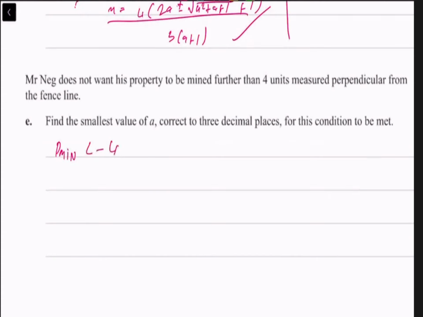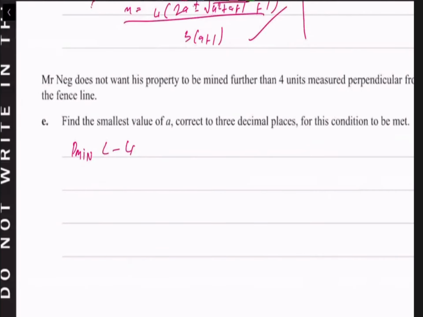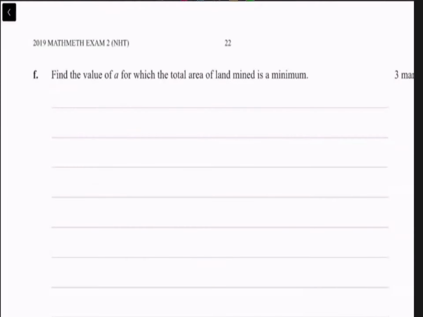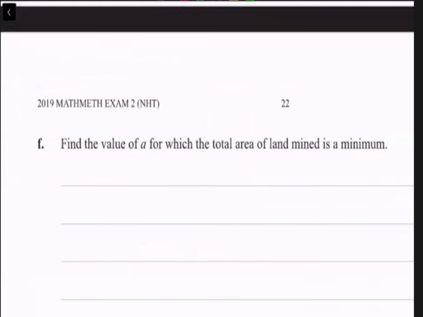So all you have to do is find p minimum and make it equal to -4, where a is greater than 0, and you should get your a value, which is 0.71623 to five decimal places.